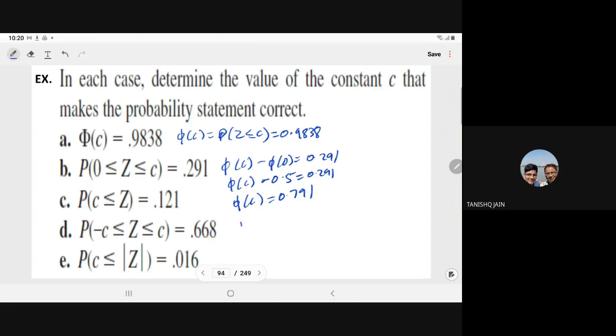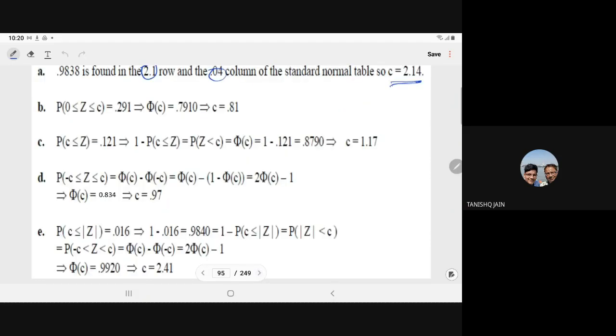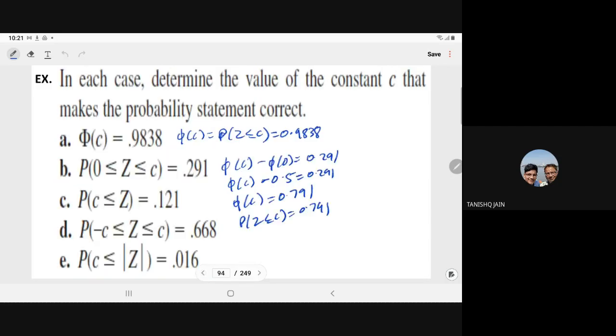So probability Z less than or equal to C is 0.791. When we look at the table, its value lies at 0.81. So here we have the required value. Similarly, you can find the other C's also.